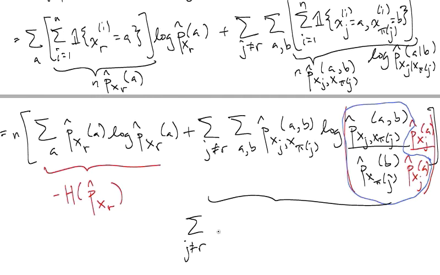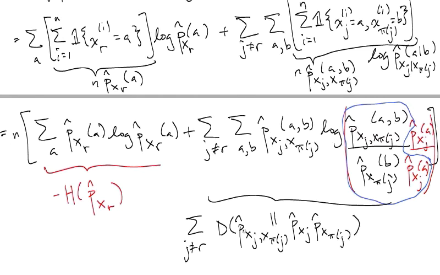It is the information divergence between the empirical distribution of xj and x pi j with the empirical distribution of xj product with the empirical distribution for x pi j.